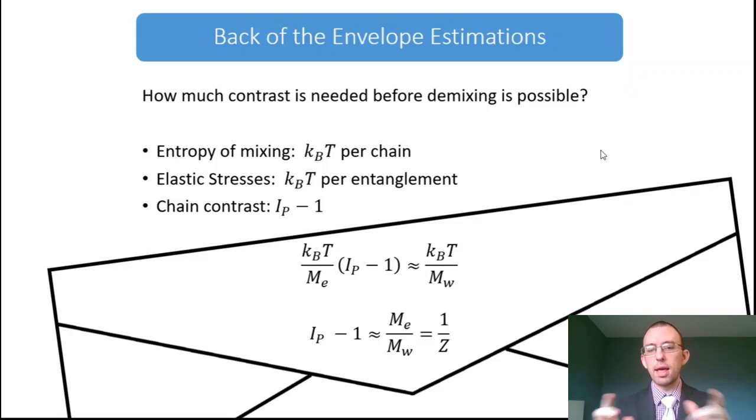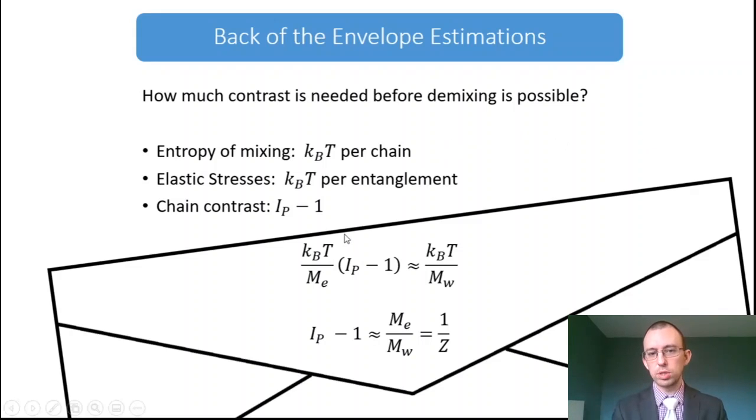Okay, but the elastic forces that drive shear-induced migration or shear-induced demixing must scale in some way with the chain contrast. If the chains are identical to one another, it's a monodisperse blend, then the concept of shear-induced demixing makes no sense at all. Right?